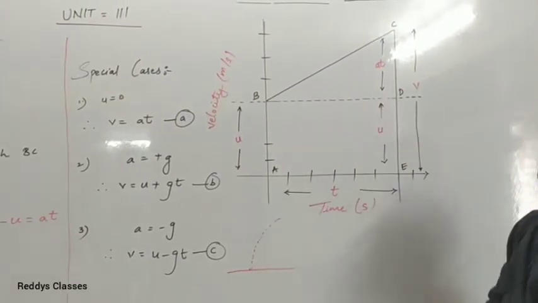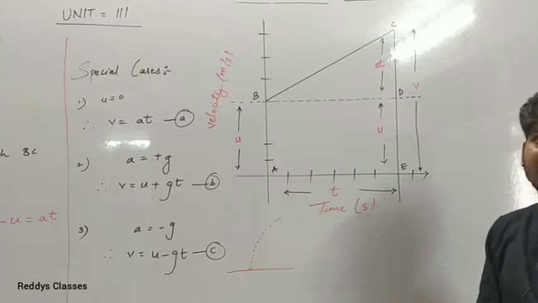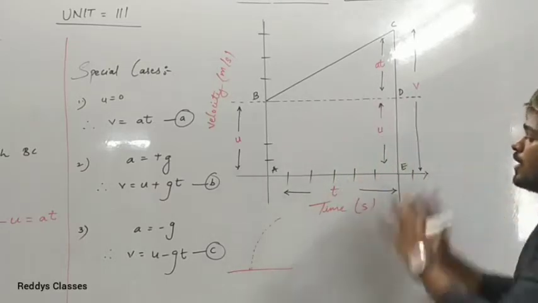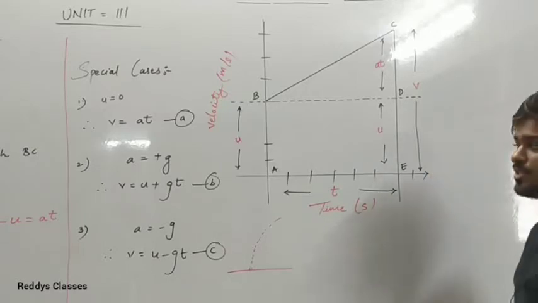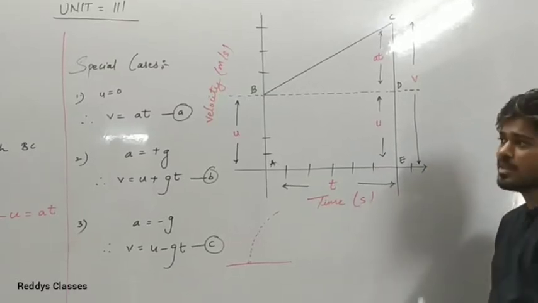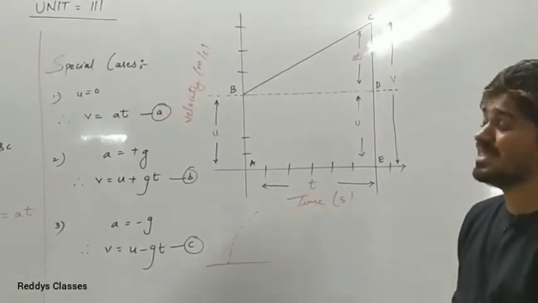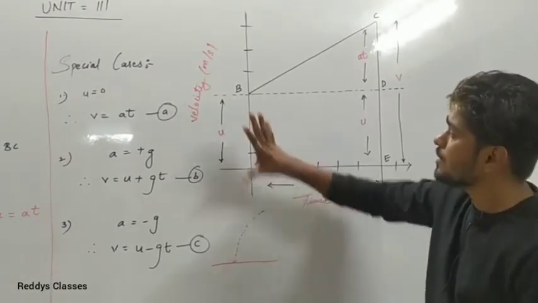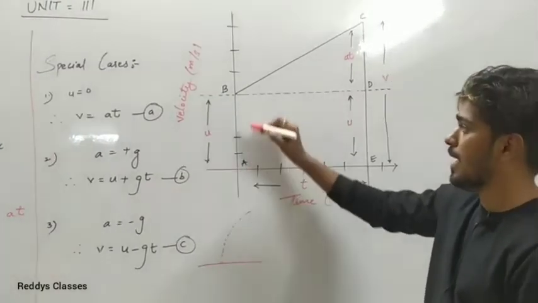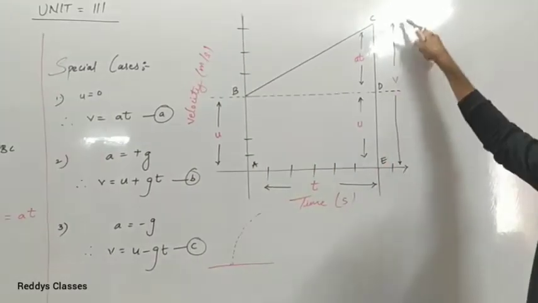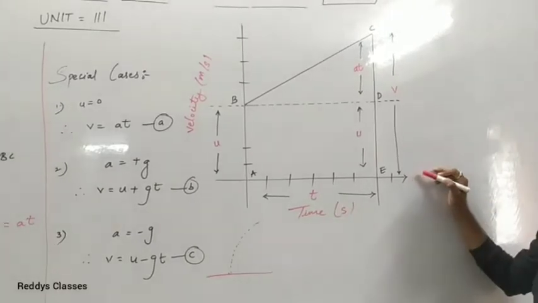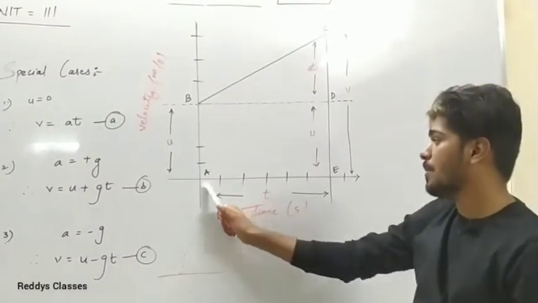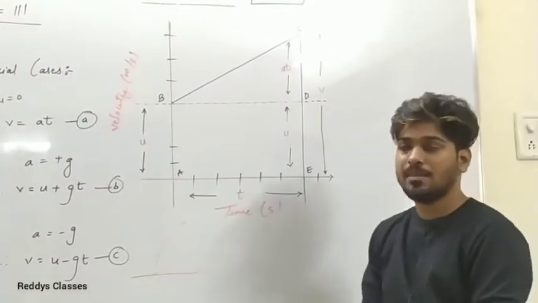In the graph, u is the initial velocity represented by AB, v is the final velocity which is represented by CE, and t is the time AE.